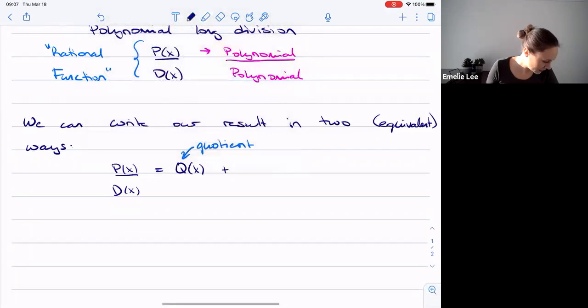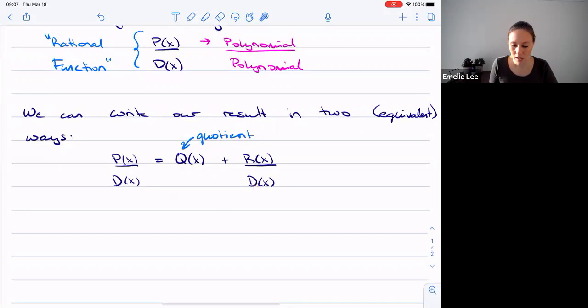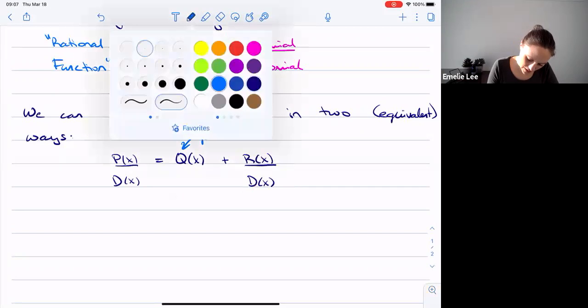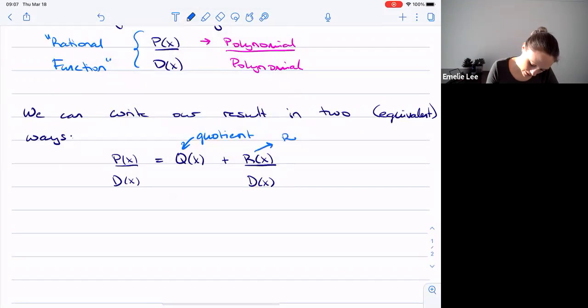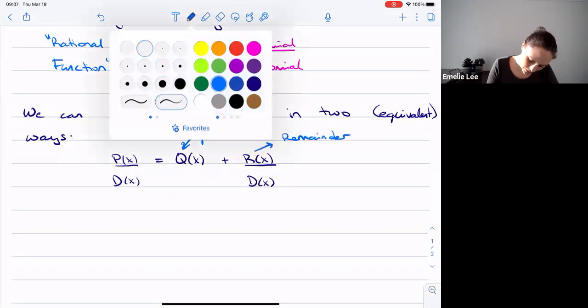And then plus r of x over d of x. D of x is, of course, the same d of x that we have here. And then r of x is the remainder. Hopefully ringing sort of a bell here, where we found the quotient and the remainder, right?